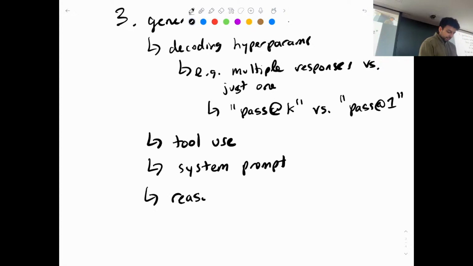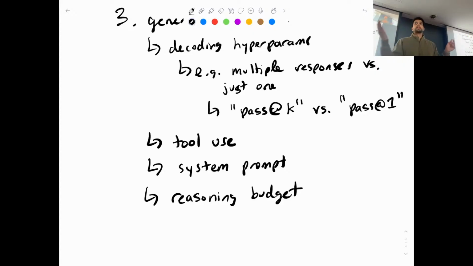Now, another thing tying on to what we talked about in the last class is the reasoning budget. So we know that for many tasks, the model's performance improves as it is allowed to produce more reasoning tokens.